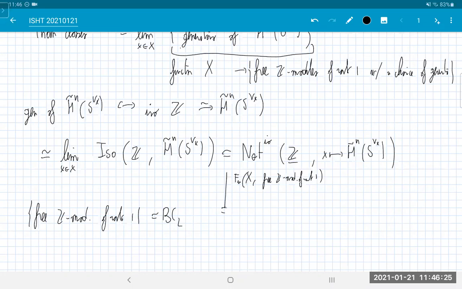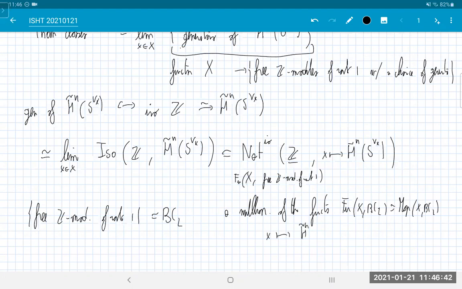So this is a null homotopy of the map of the functor in Fun(X, BC2), which is the same thing as maps from X to BC2, sending X to H tilde SVX.